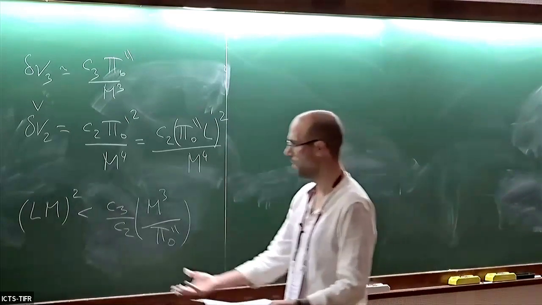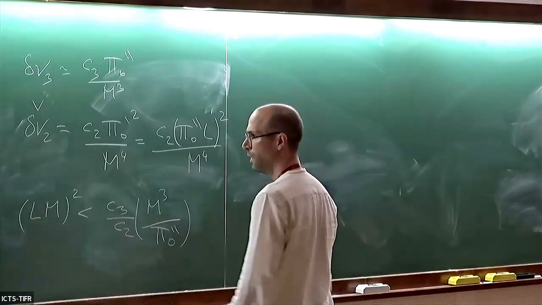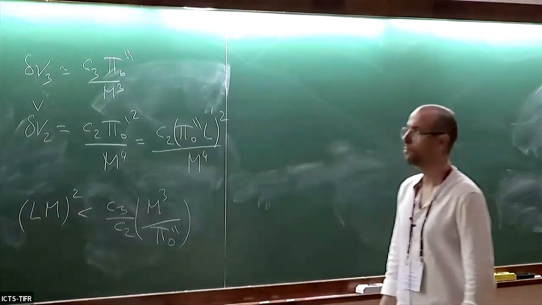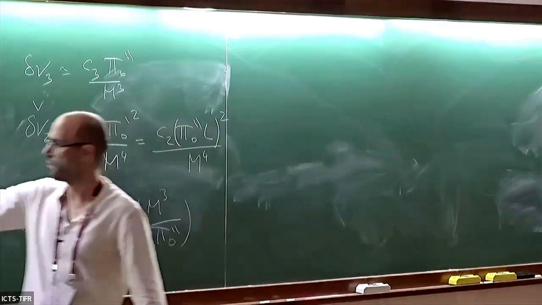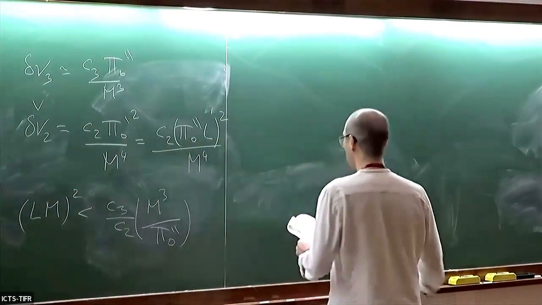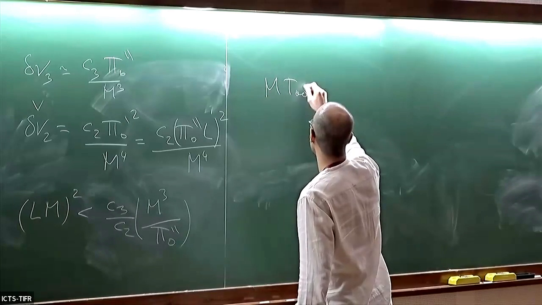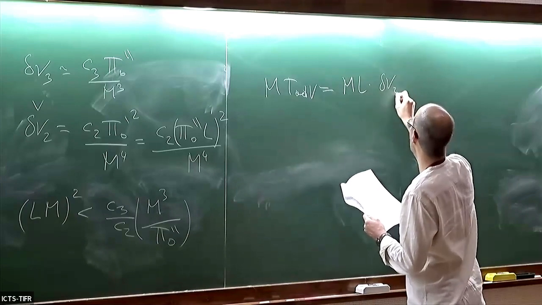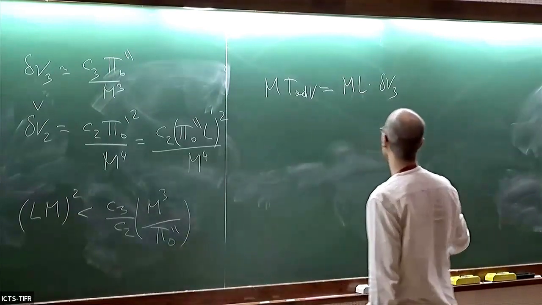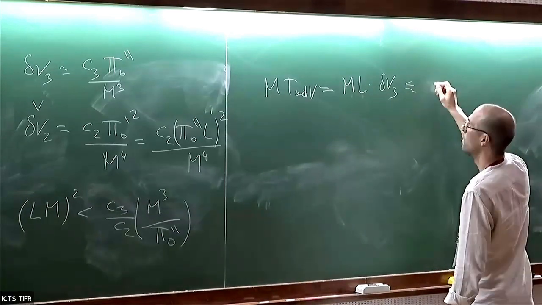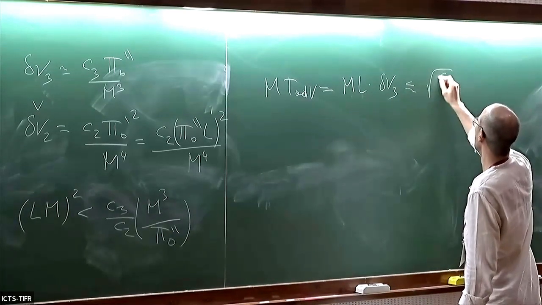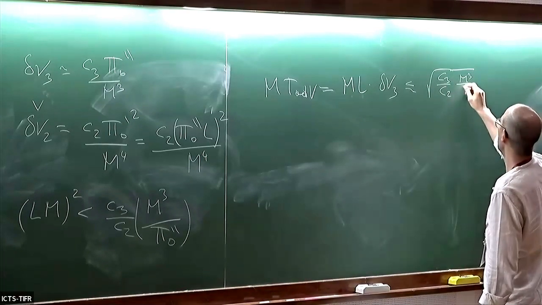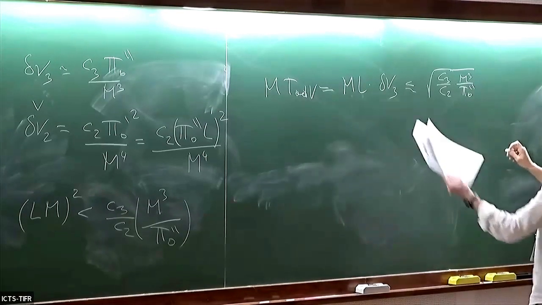Let's plug in this maximal length. You multiply it by the dominating velocity to get how much time advance you get. So m times the time advance is nothing but m times L times delta V3. mL is this one, so this is bounded by the square root of that, and then you have delta V3, which is that expression.